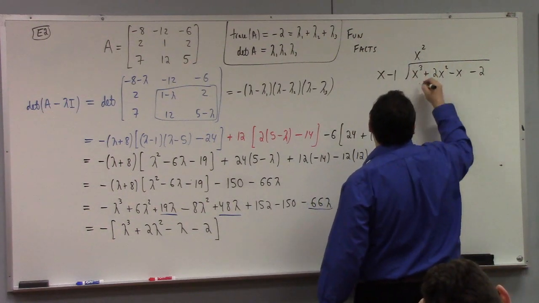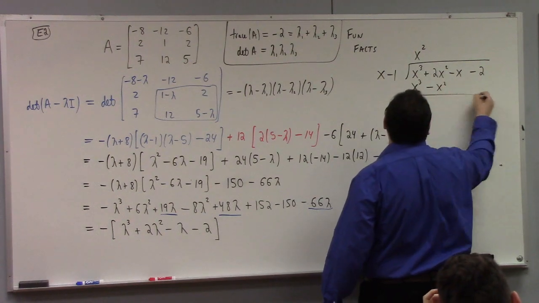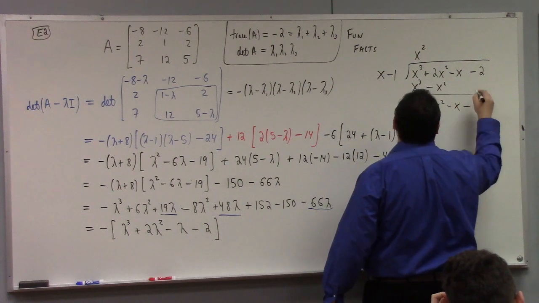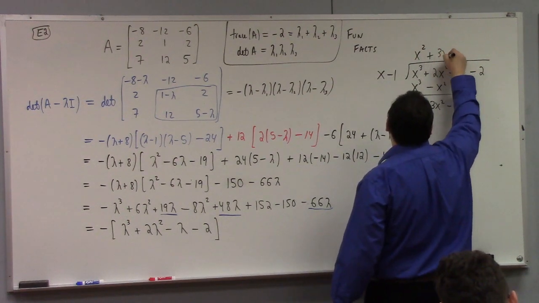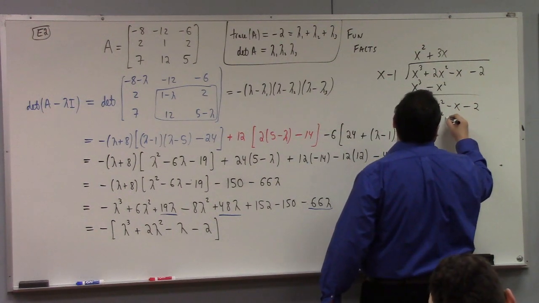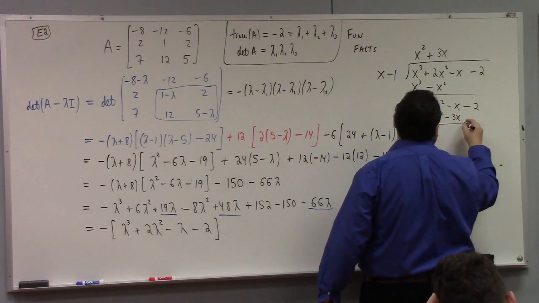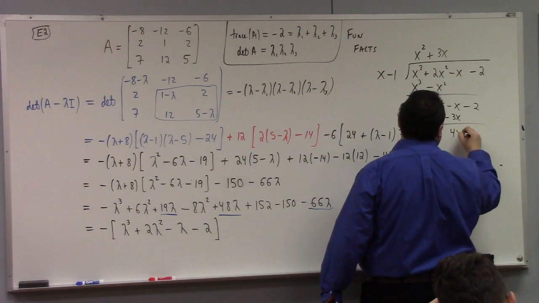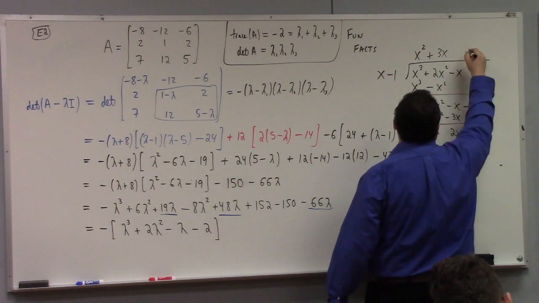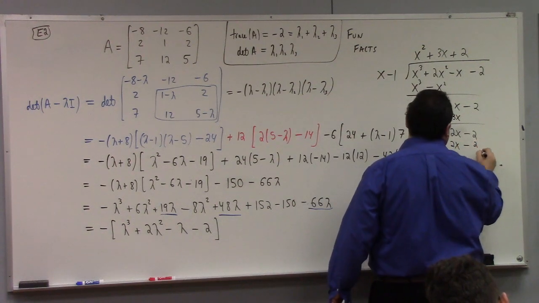So that gives me x squared, x cubed minus x squared. That gives me 3x squared minus x minus 2 plus 3x. So I've got 3x squared minus 3x. That gives me 4x. Wait a minute, no. That gives me 2x minus 2, which is, thankfully, 0.